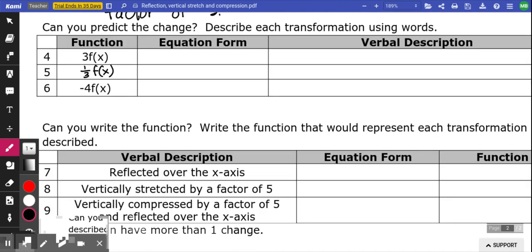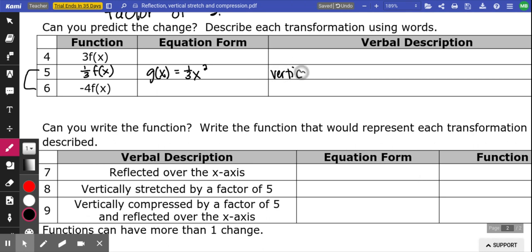Let's make some predictions given a function. I'm going to focus on 5 and 6. So first, looking at number 5, given 1/3 f of x, my equation would be g of x is equal to 1/3 x squared, which means that it would be vertically compressed by a factor of 3.